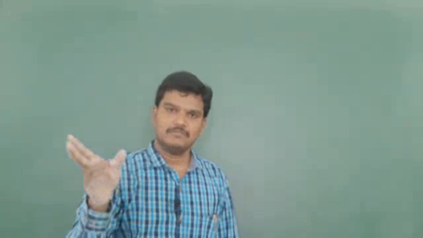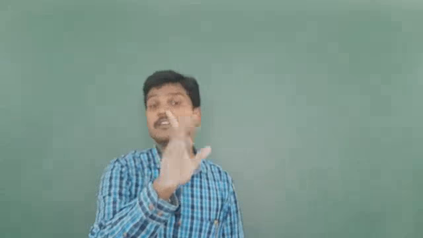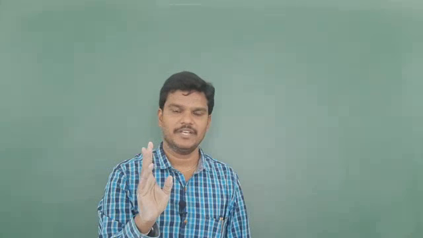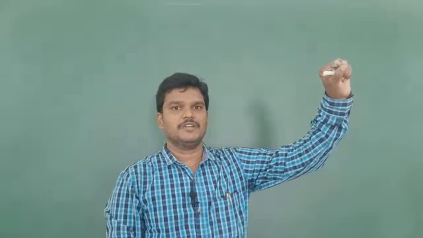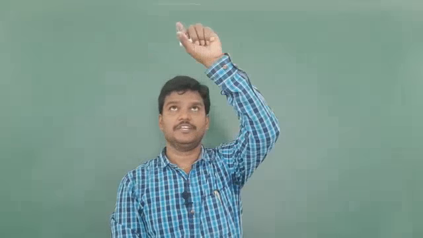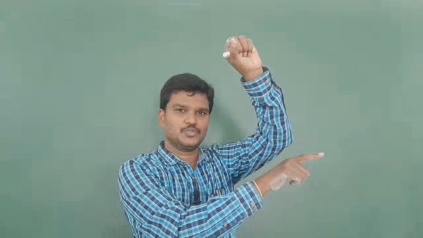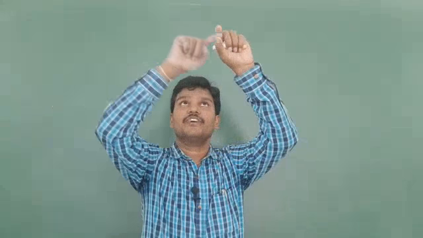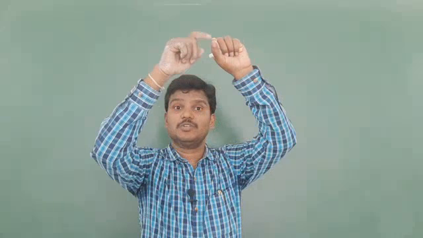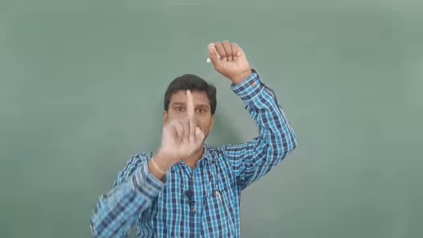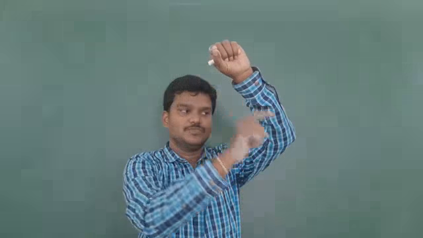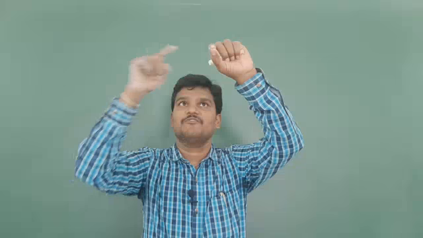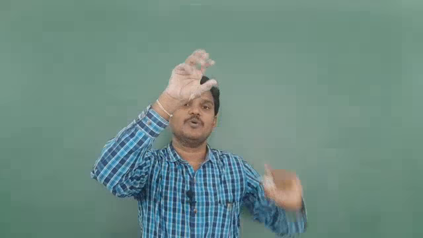The image formed because of two reflections is taken as a single image. Suppose one image on the circumference is formed here, one image here, 2, 3, 4, 5. This is two reflections, but it can be considered a single image. So 1, 2, 3, 4, 5. The first one and fifth one coincide.